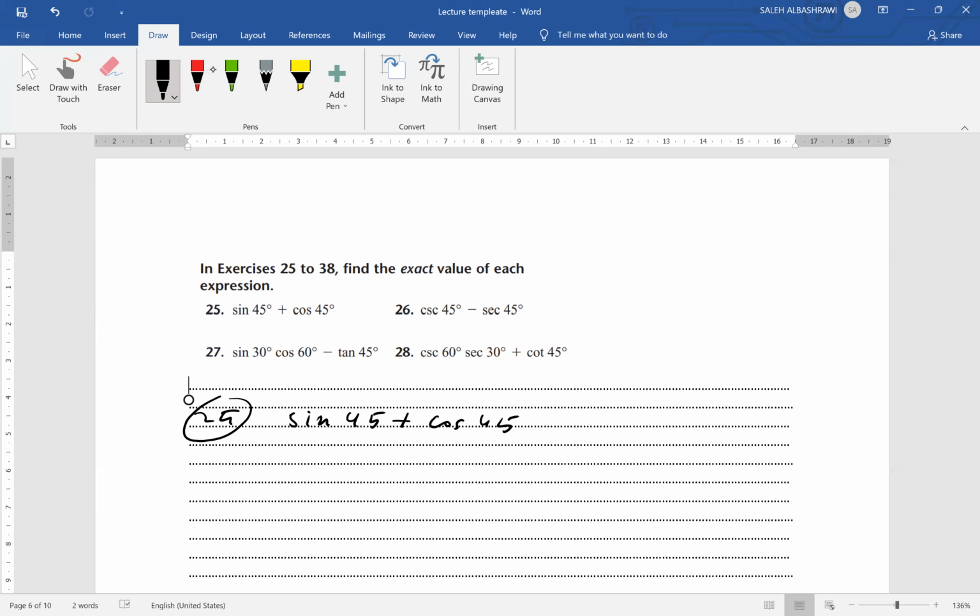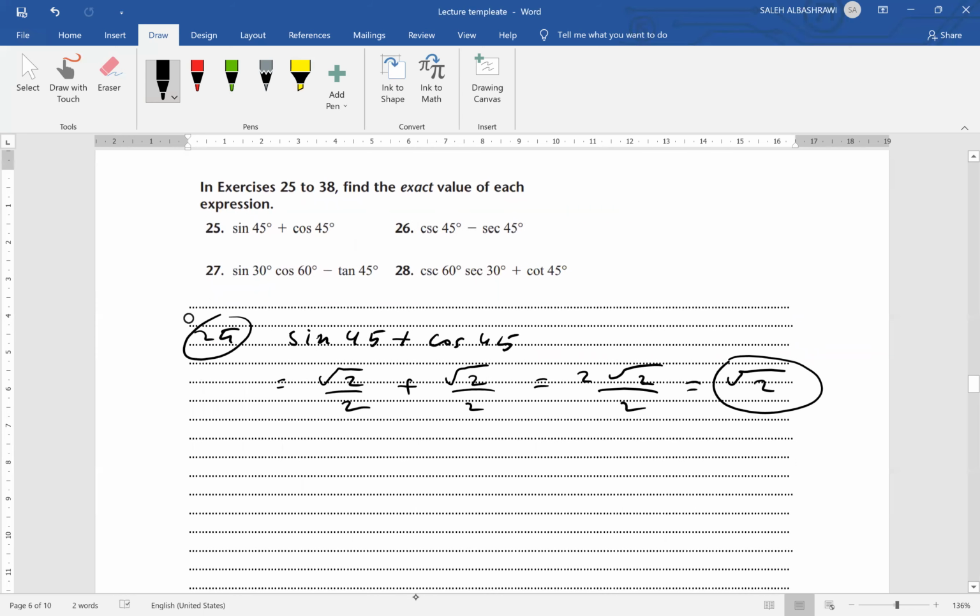We know that sine 45, from what we found up, is equal to square root of 2 divided by 2, plus cosine 45 will be square root of 2 divided by 2. And this will give me 2 square root of 2 divided by 2, or simply equal to square root of 2. So this is the exact value of the sine 45 plus cosine 45.